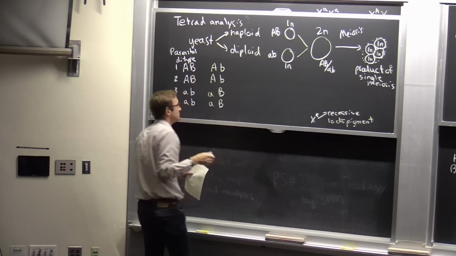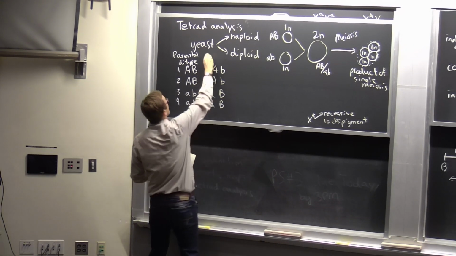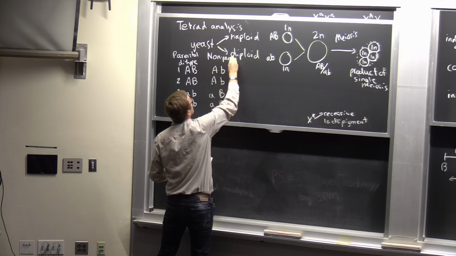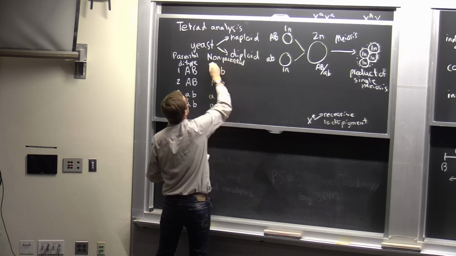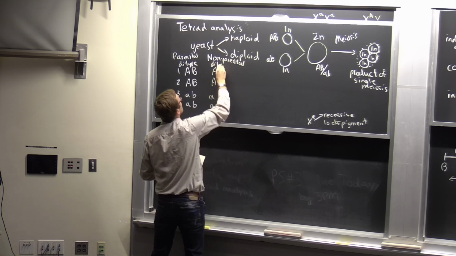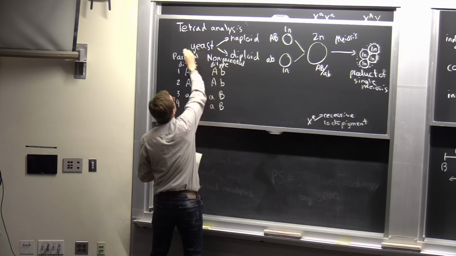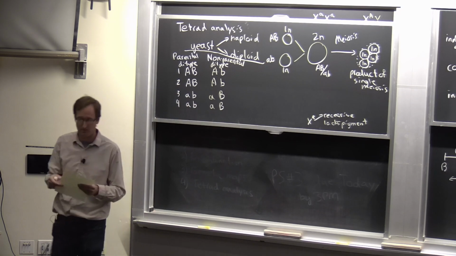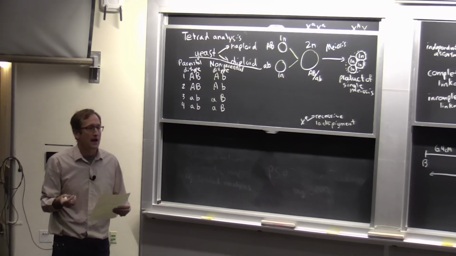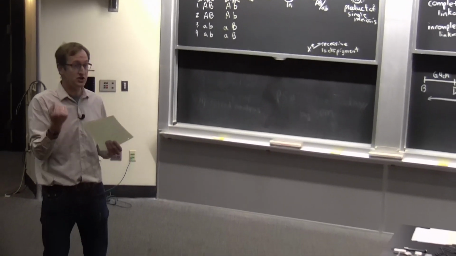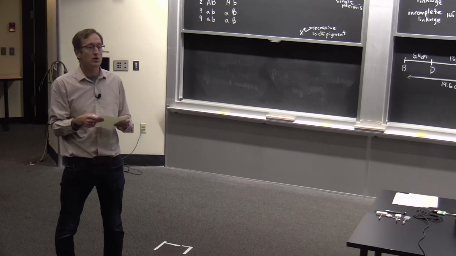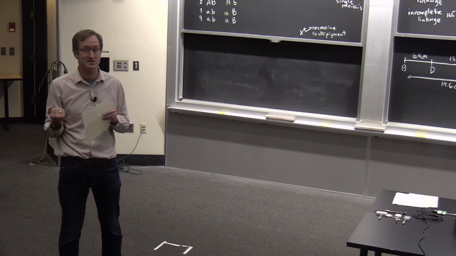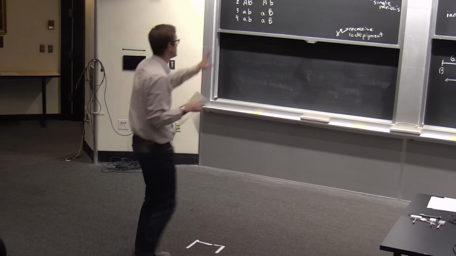And because there are two types, and they're non-parental, this is known as non-parental ditype. And if these genes are linked to the centromere completely, then you can only get these two classes of packages, okay?